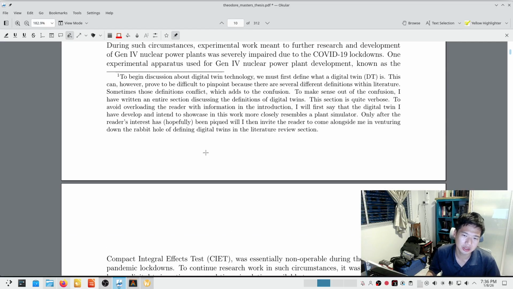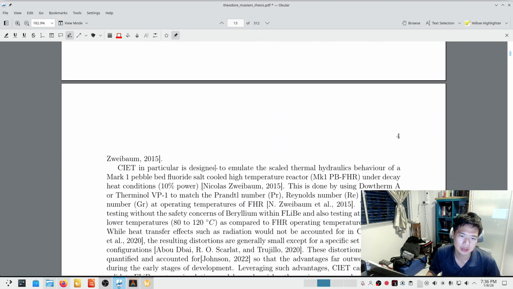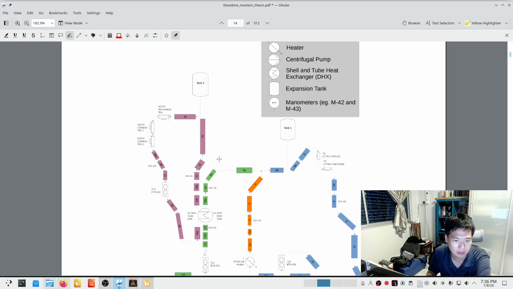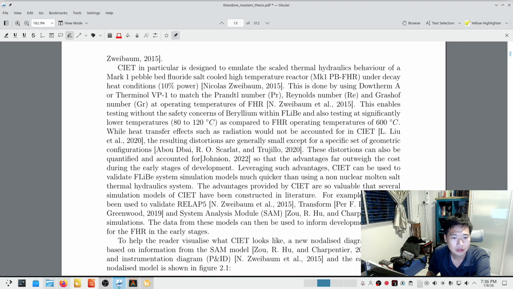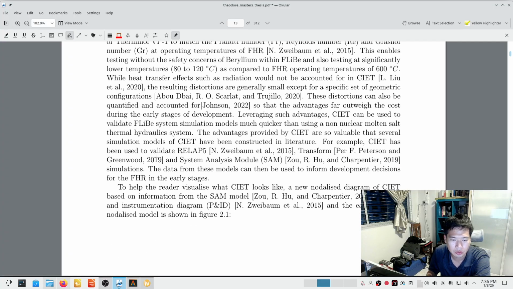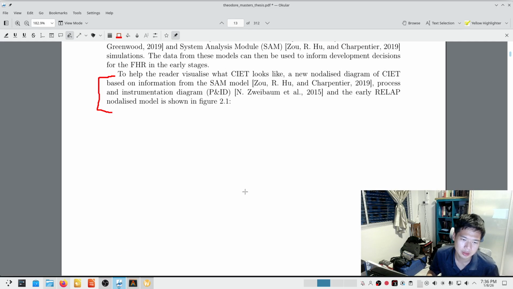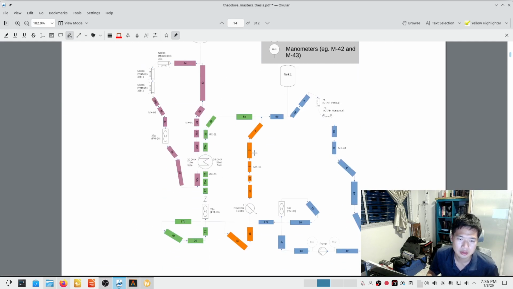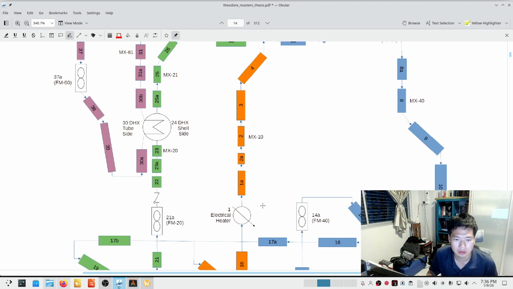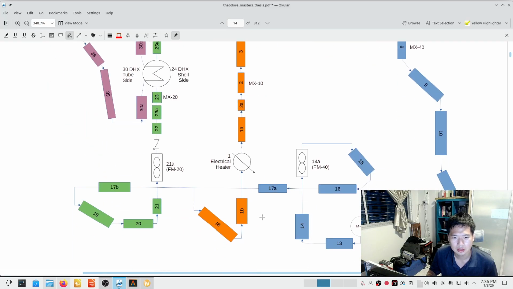So the introduction I kind of skip, because I spent the last few videos talking about that. Again, my end goal was to make a digital twin of the Compact Integral Effects Test. I based it on the models that people had online. So this is my conceptual model. I drew it using OpenOffice, or rather LibreOffice.